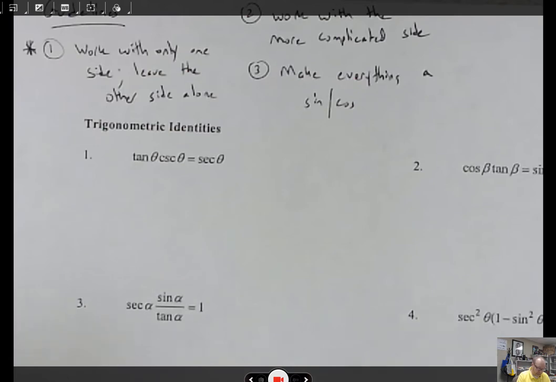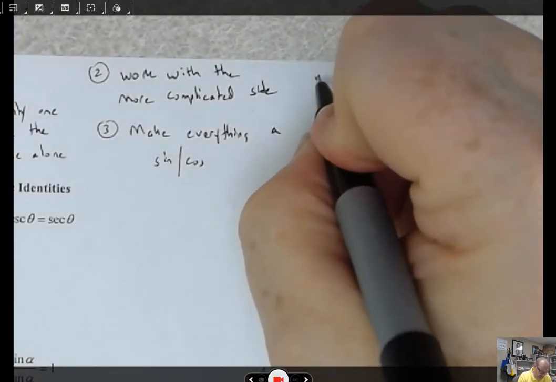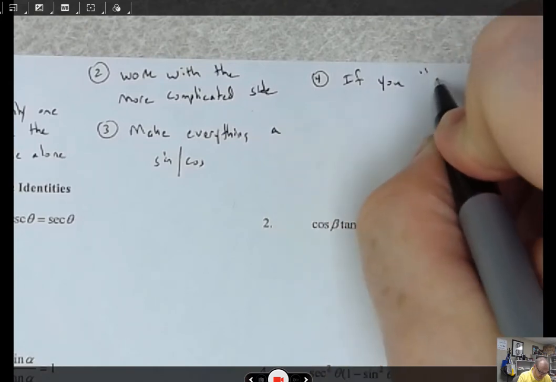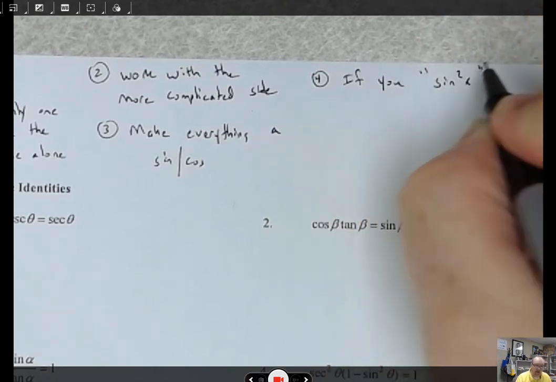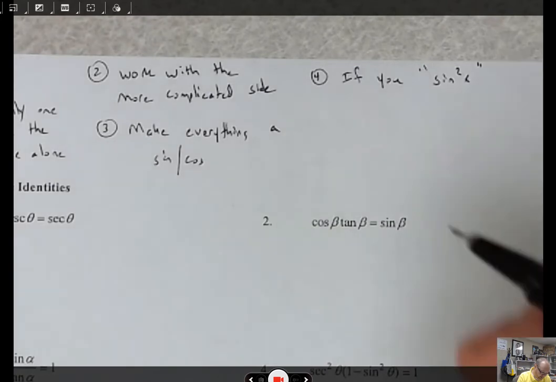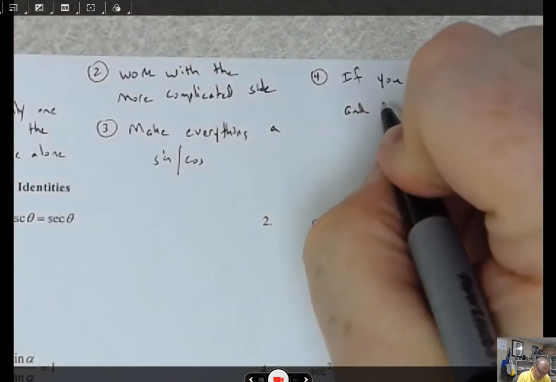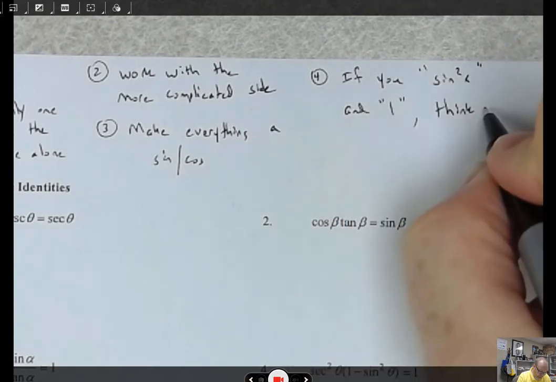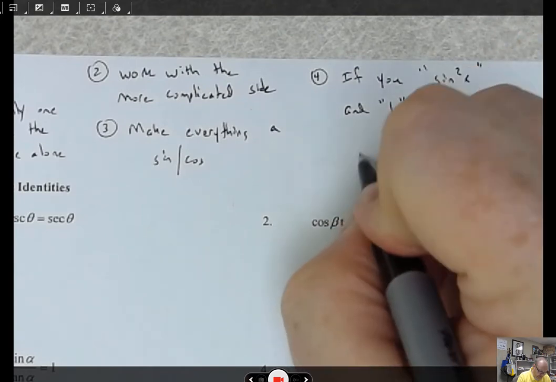And the other thing that comes to my mind, if you see things like sine squared of something, cosine squared, tangent squared, especially in 1, then my suggestion is to think about the Pythagorean identities.